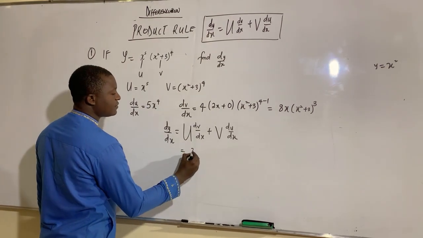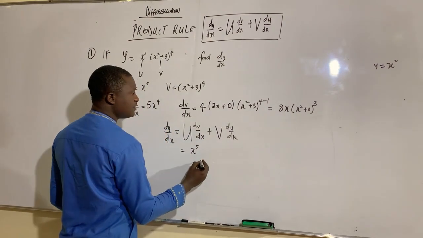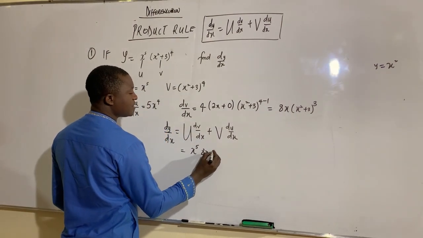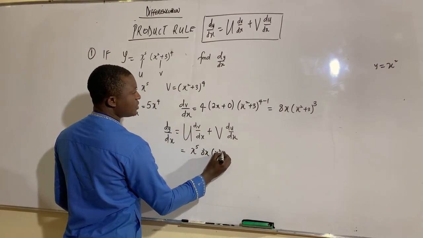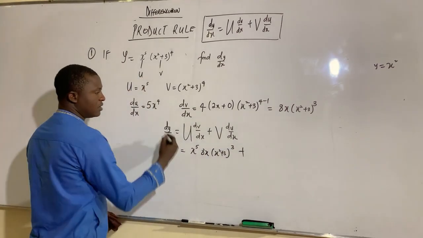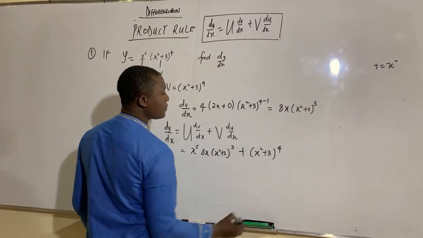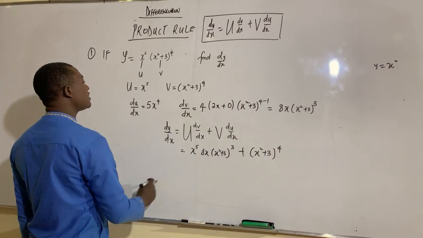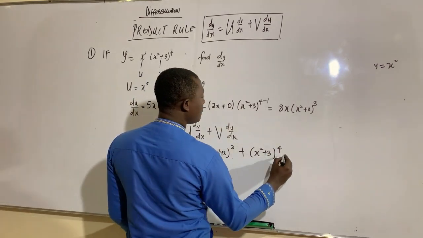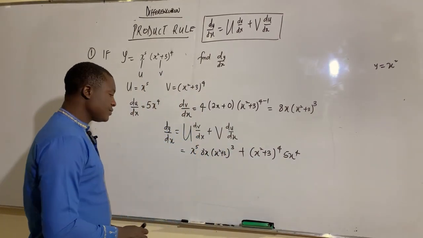Our u is x raised to the power of 5. dv/dx, we have dv/dx to be this. dv/dx is 8x (x squared plus 3) raised to the power of 3, plus our v, which is (x squared plus 3) raised to the power of 4. Then du/dx, we have du/dx to be 5x^4.